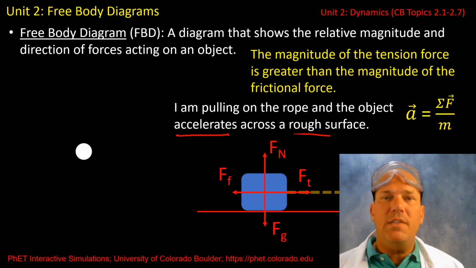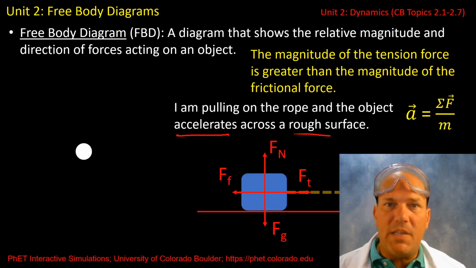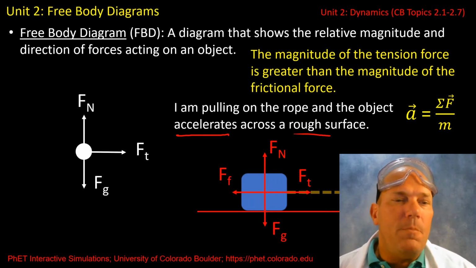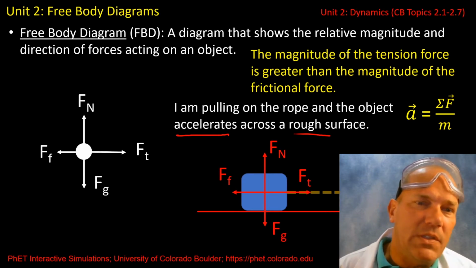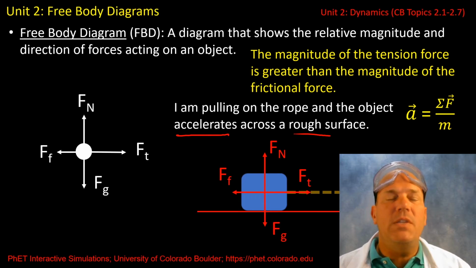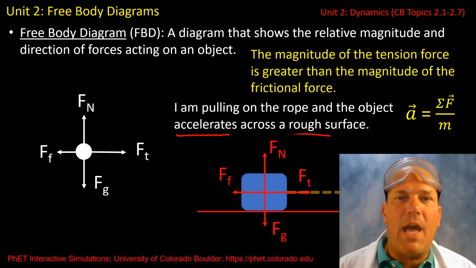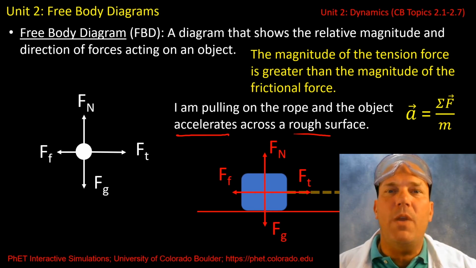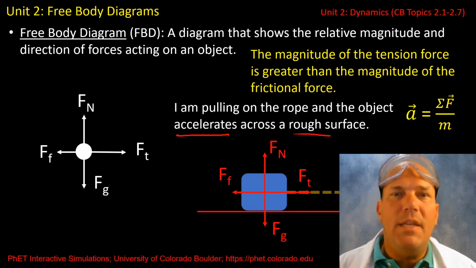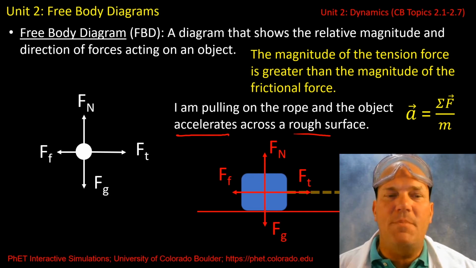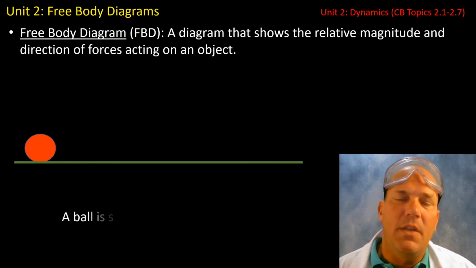In other words, this object is going to accelerate. It is going to have a change in its state of motion. Representing these four forces, again, on the dot, you can see the rightward force of the rope onto the object has been drawn to be greater in magnitude than the leftward force of the surface on the object, which would be the force of friction.